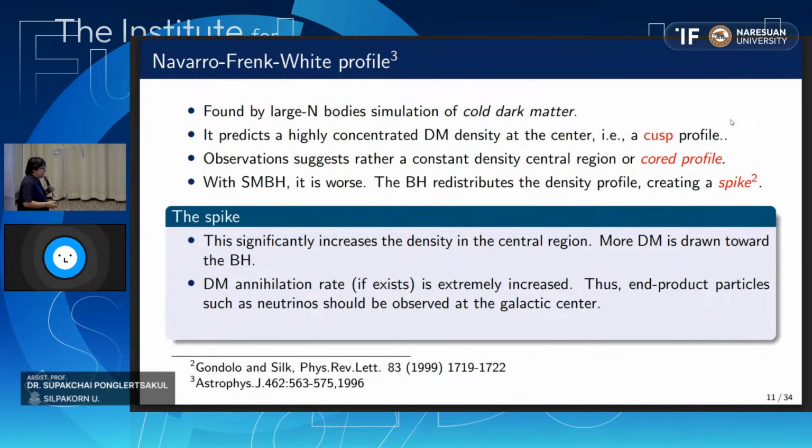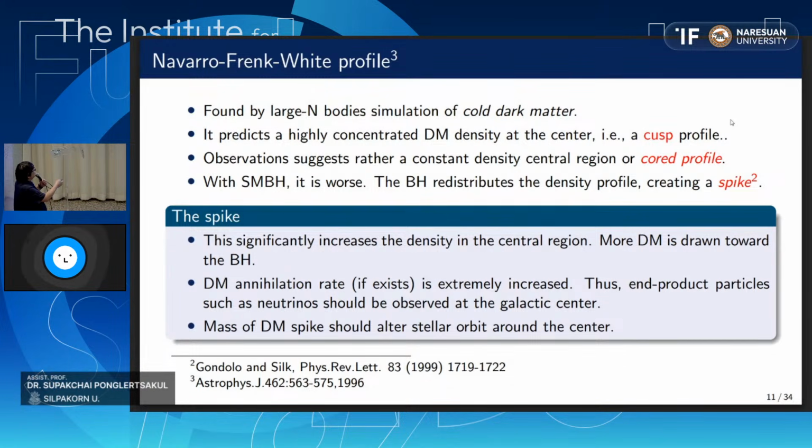And if that's the case, the dark matter annihilation rate, if the dark matter particles do annihilate, must be extremely increased, because there will be a lot of activity of dark matter particles going on around the supermassive black hole. So we should be able to observe the end products of this annihilation very easily when we look very close to the supermassive black hole. Also, more dark matter at the center should somehow change the dynamics of the stars moving close to the supermassive black hole too.